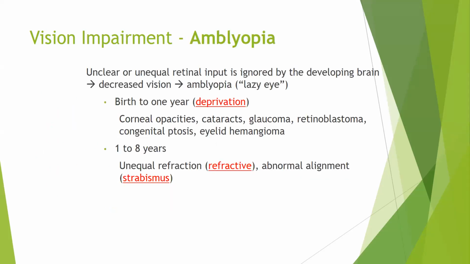Okay, so amblyopia. Amblyopia is a difficult concept and term when we pair it with the strabismus, which we'll go through. So amblyopia is basically referred to as lazy eye. So it's unclear or unequal retinal input that's ignored by the developing brain.